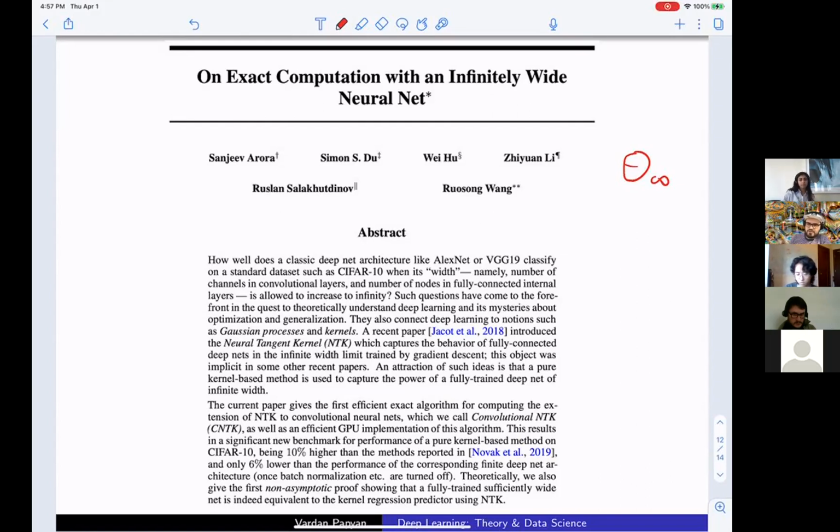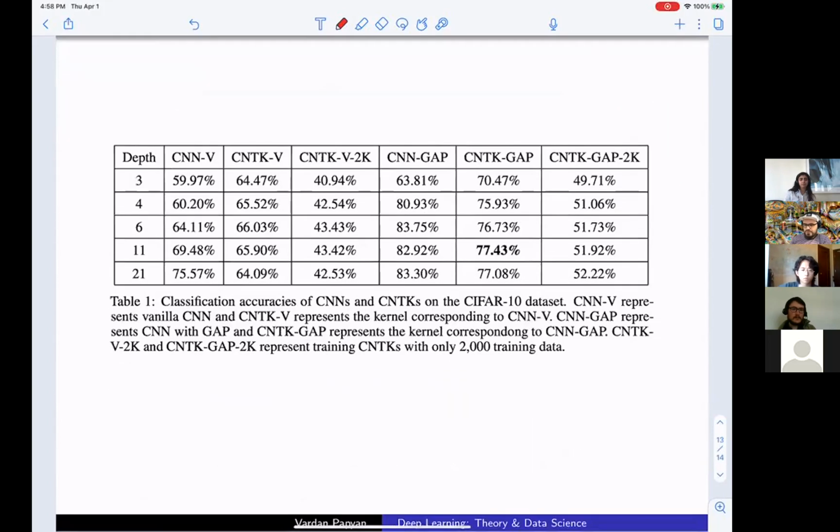What they did was compare a network in this NTK regime with a regularly trained network. And here's what they report. So let's focus on these two columns first.